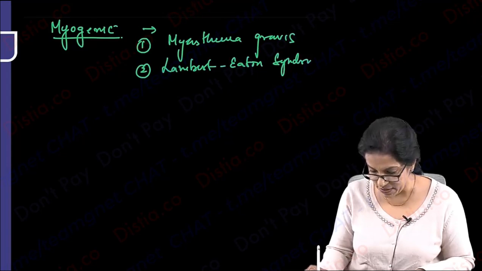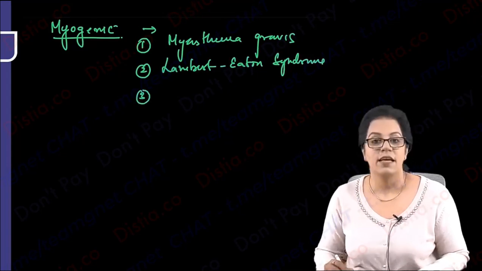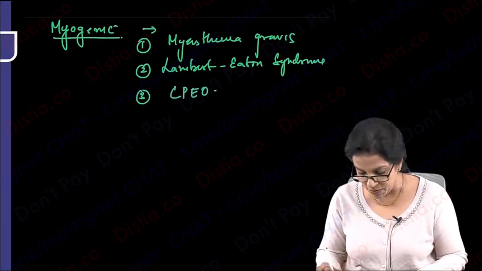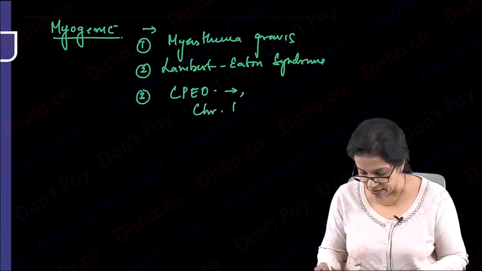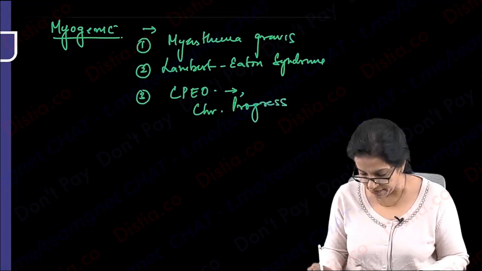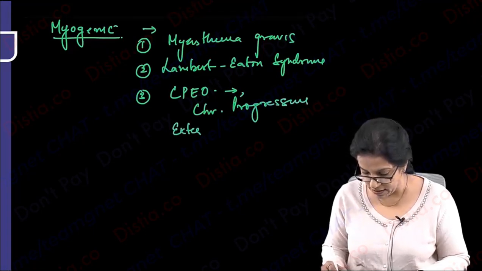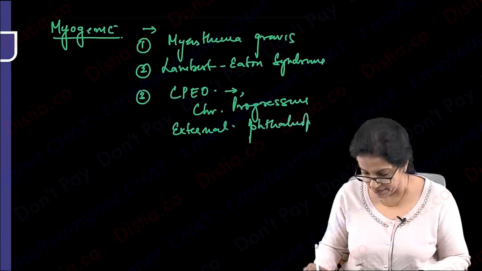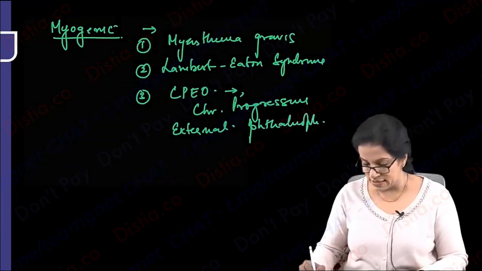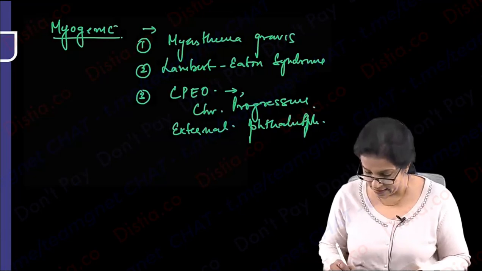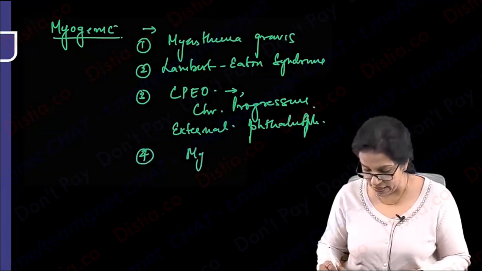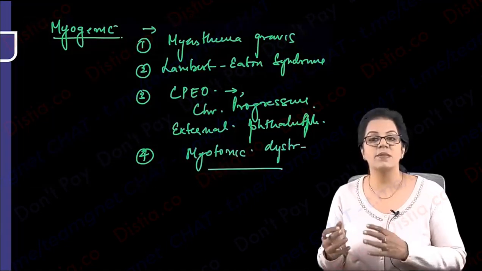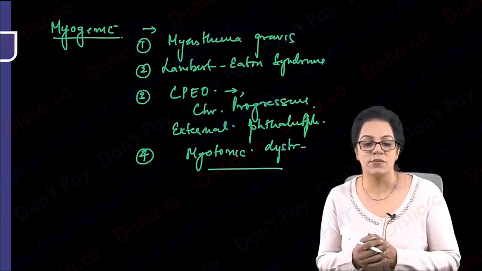Then there's one condition called PEO or CPEO, chronic progressive external ophthalmoplegia, which involves the extraocular muscles and causes ophthalmoplegia. We can also include in this list myotonic dystrophy. So these can be some myogenic causes of ptosis.